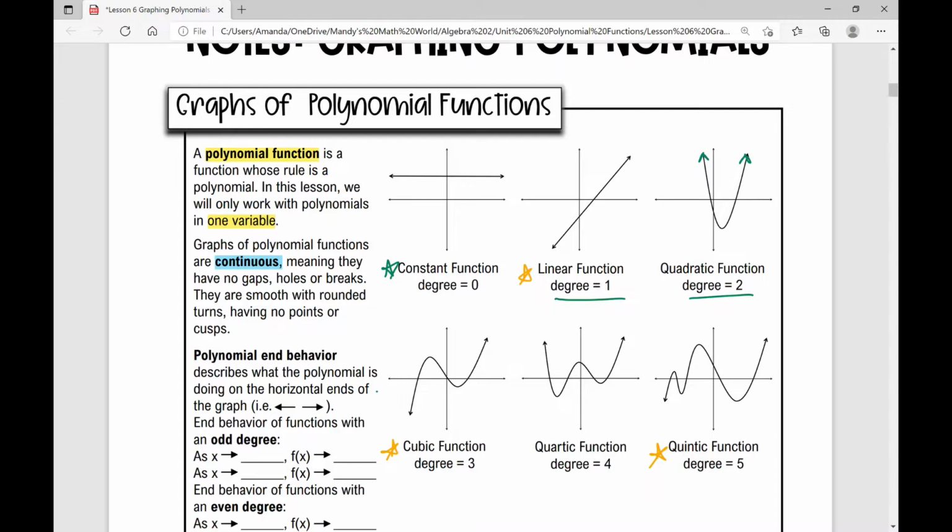As x approaches infinity, f of x, which is just fancy for y, approaches infinity. As x approaches negative infinity, y approaches negative infinity.